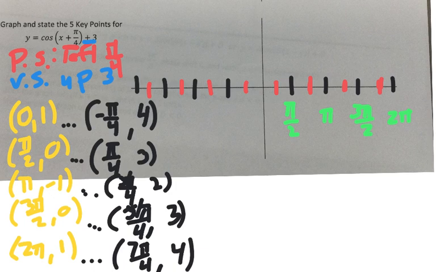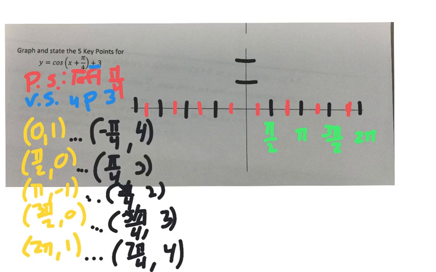So now when I graph this, my first point is at negative pi over 4, and I have to go up to a y value of 4. So I'm here at 1, 2, 3, 4. Okay? Then I have a point at negative pi over 4, 4.